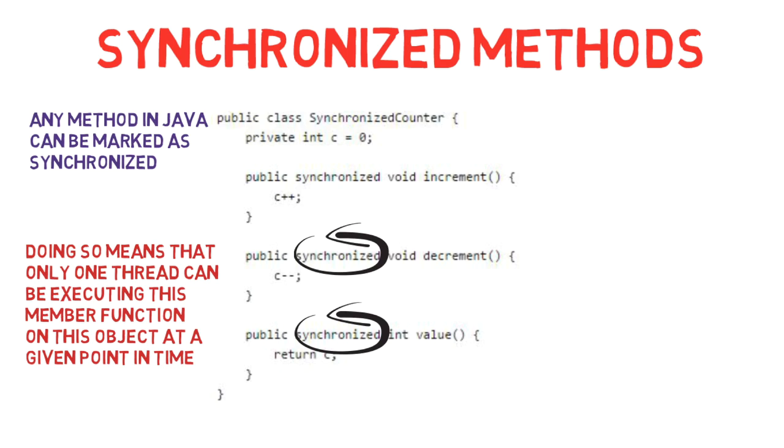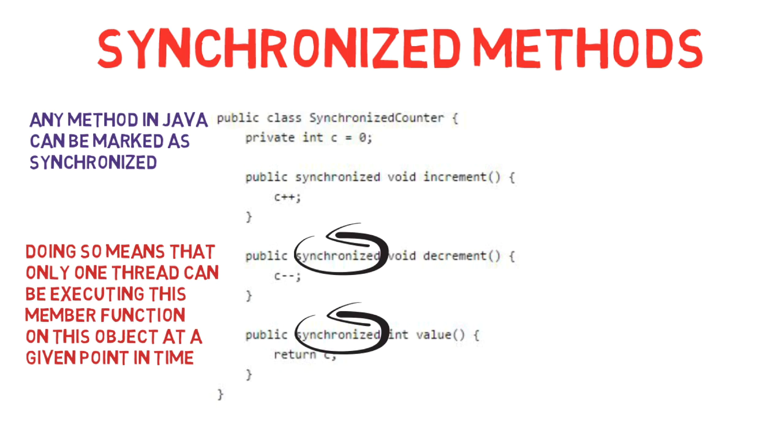It's worth pausing here and repeating this. On this particular instance of synchronized counter, one instance, only one thread can execute any of these methods. All of the synchronized keywords work on the same object lock, which is one instance of the synchronized counter.